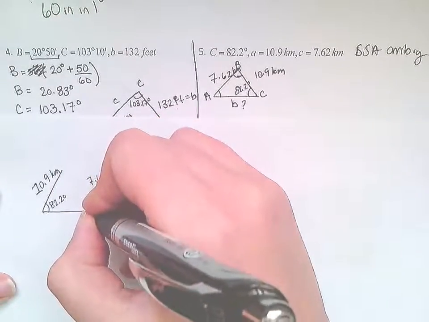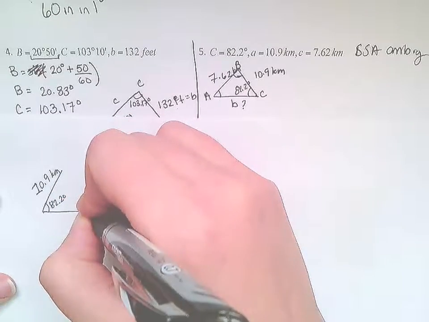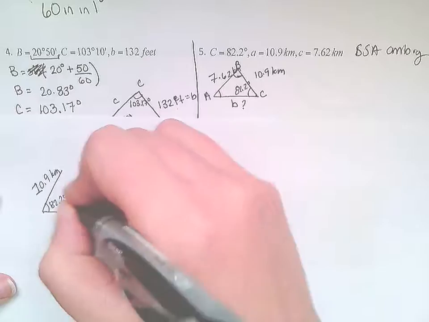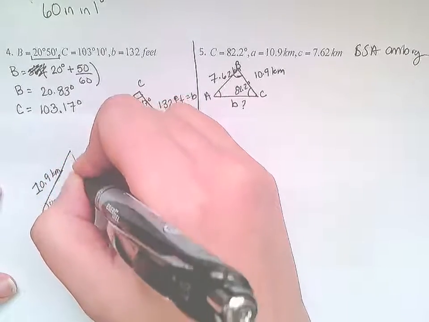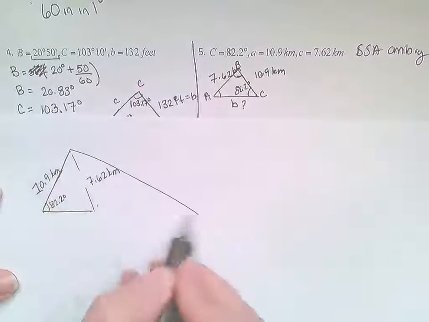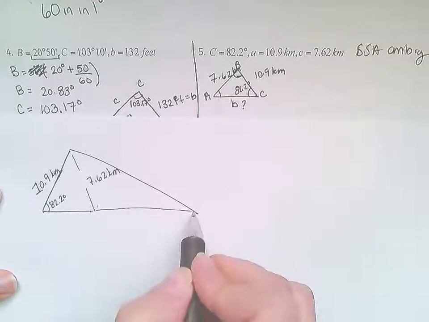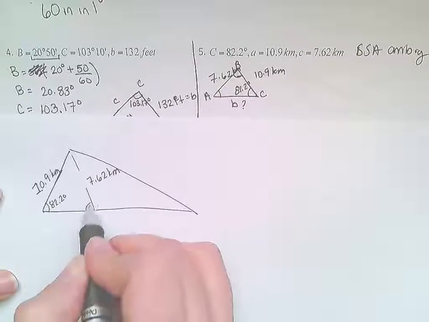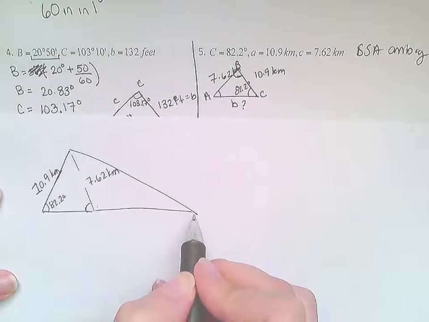So the question basically becomes, how much bigger? And you can't really tell if it's going to be a little bit bigger or a lot bigger. So what does that mean based on my triangle? Is my angle going to be just a little bit bigger, or is it going to be a lot bigger?